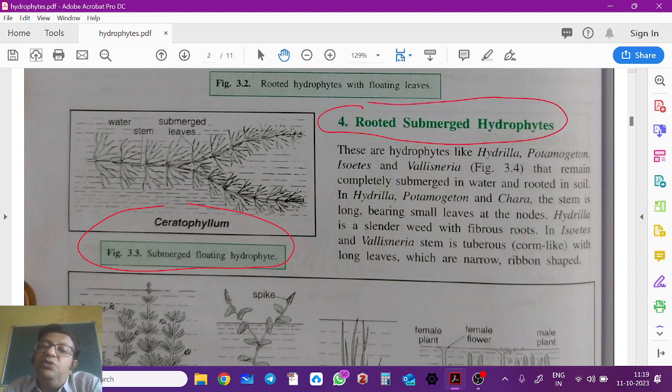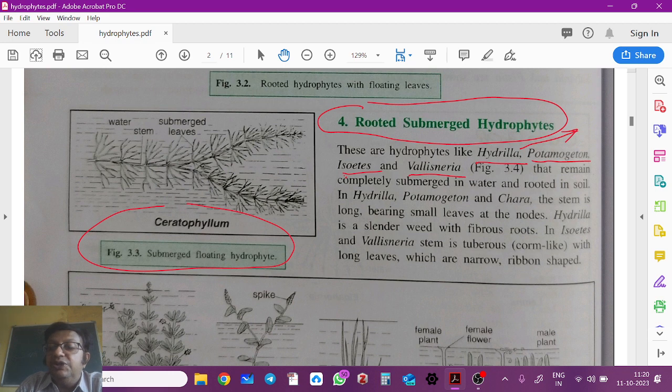As the name says, rooted, they are in no contact with air basically. For example, Hydrilla, Potamogeton, Isoetes, Vallisneria. Hydrilla is the most important of them, which you have all seen.